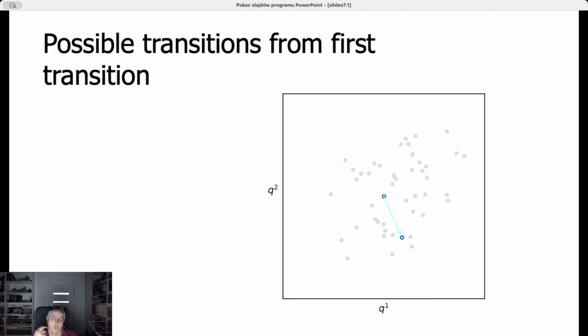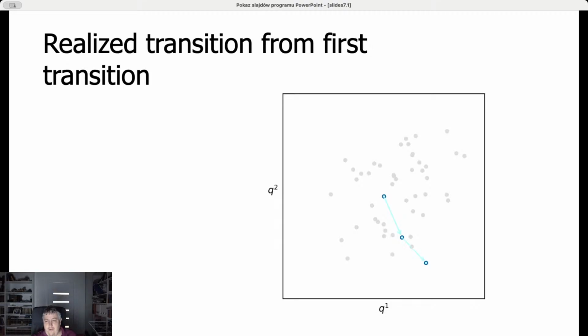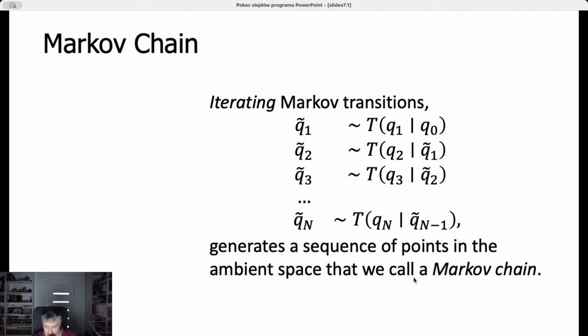And when we move from the first point to a second point, so after the first transition, we again have a new set of possible transitions. And again, only one of those will be realized because the Markov chain just follows. However, where it went was probabilistically chosen.